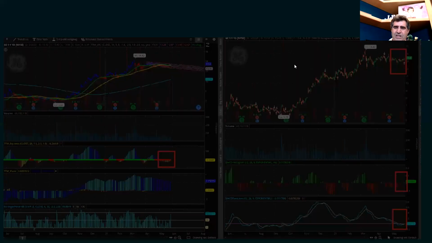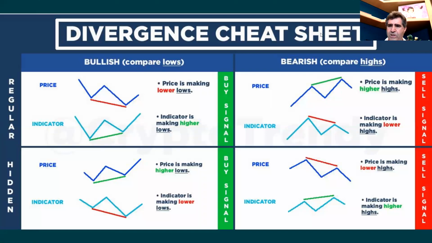Sorry about that. So basically what I like to do is, this is a divergence here that gives you a little cheat sheet. For instance, in the regular case, let's say the price is going lower low, but the indicators are going higher.